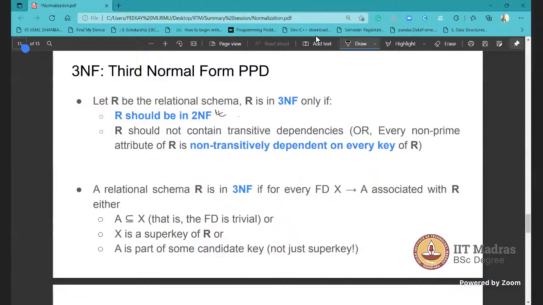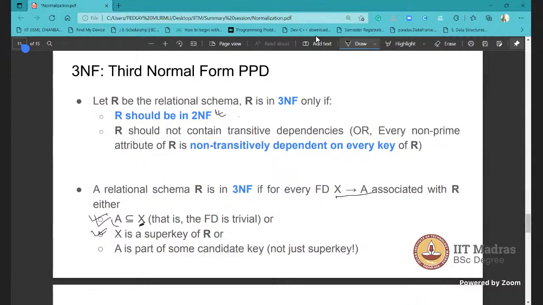Suppose there is a functional dependency X to A. If A is a trivial dependency, that is A is a subset of X, then we can say it is in third normal form. Basically, if it satisfies these three conditions, then we can say the relation R is in third normal form, right?